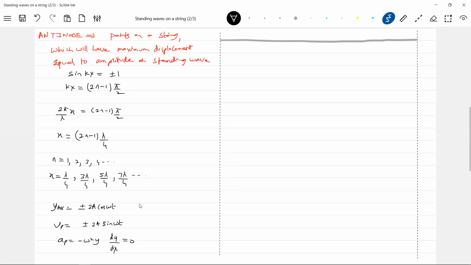There's a string. Mean position. Two lines.